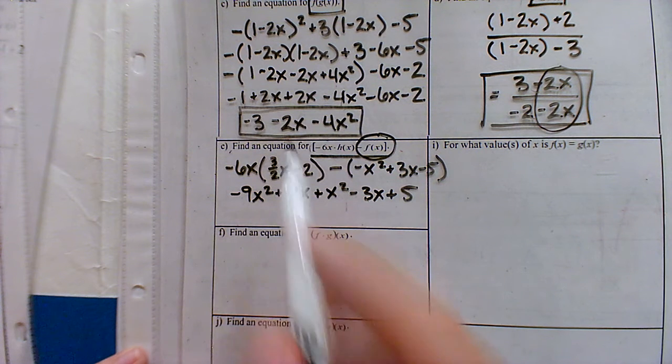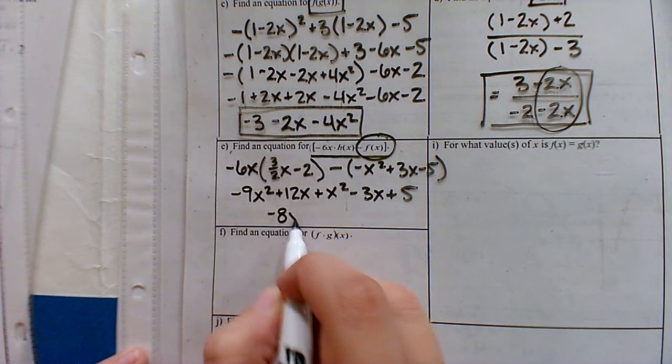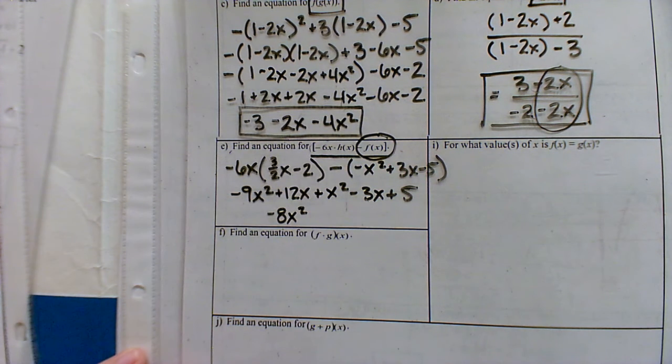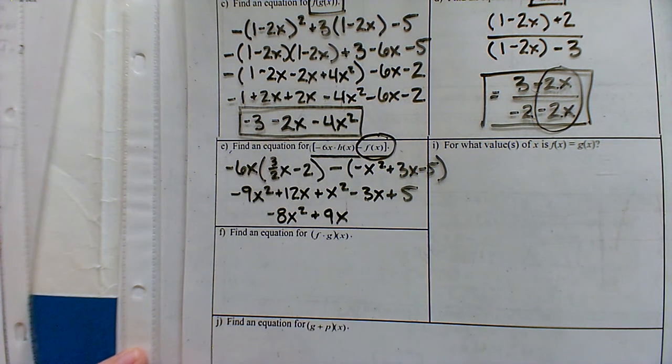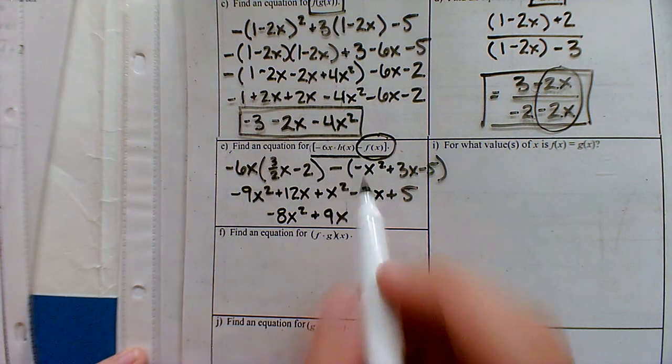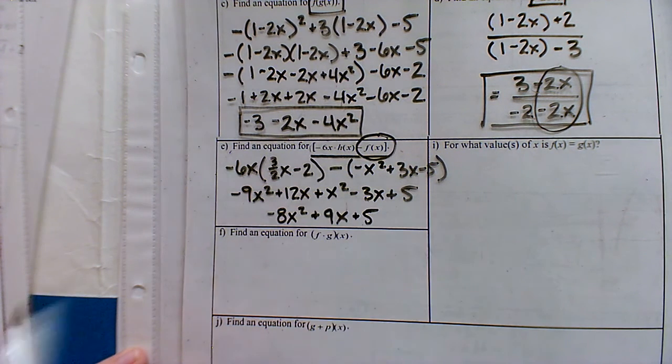Negative 9x squared, positive 1x squared, so we're left with negative 8x squared. We got a 12x minus a 3x, so that would be a 9x. And our number value left over looks like it's just 5.